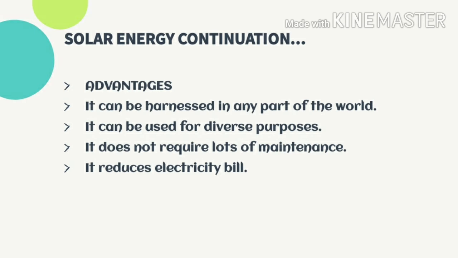After the initial cost has been paid, the other costs like maintenance and repair decrease to a great extent, or there is no maintenance and repair cost at all. The last one is that fossil fuels like coal and petroleum are saved a lot because of the use of solar energy. Not only that, the electricity bill also reduces to a great extent when we use solar energy.